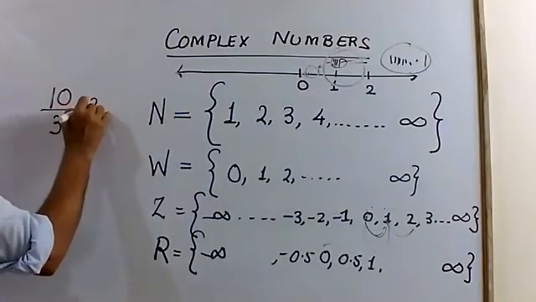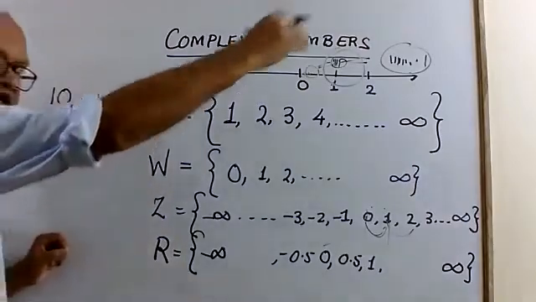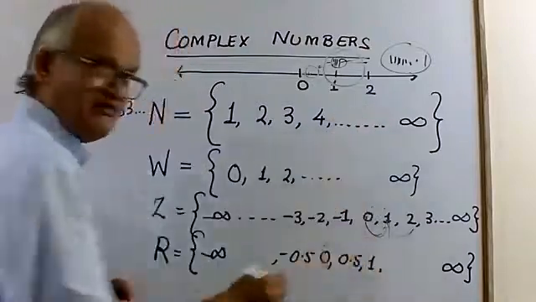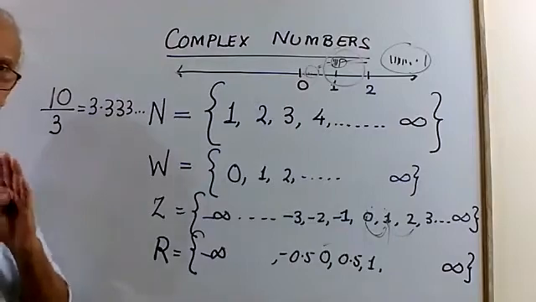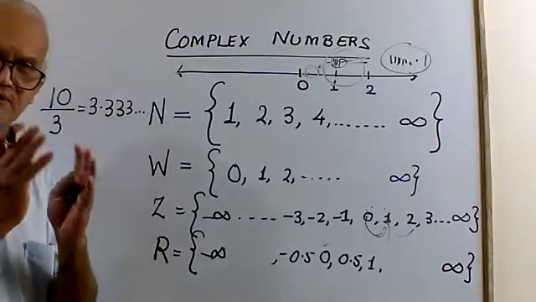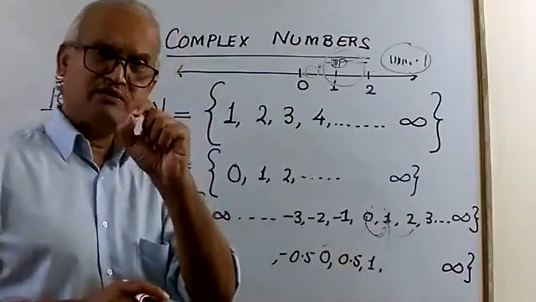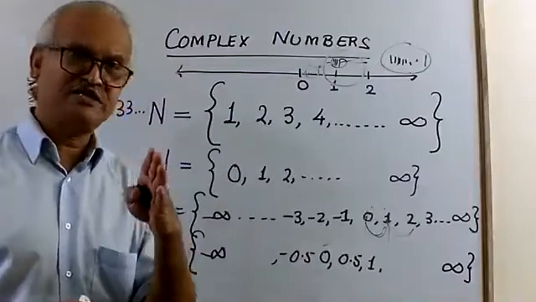This you know is 3.333, and this can go on endlessly. Now this kind of a number would be a little difficult to put on the number line, but we know that there are some kind of shortcuts or some kind of ways, but somewhere or the other there will be a point where this number would also be possible to be represented.